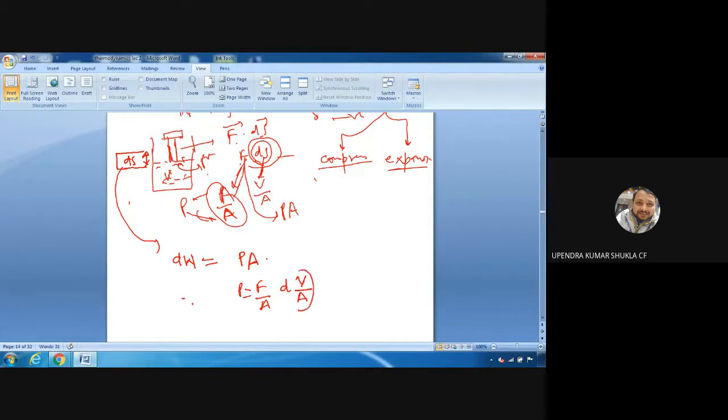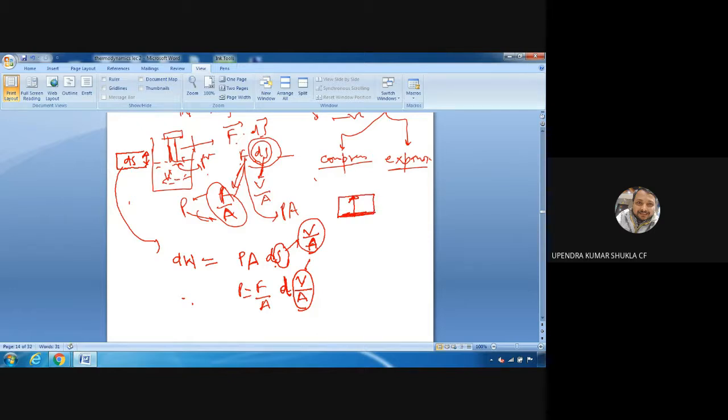In place of ds, what did we write? dV by A, and for change we wrote d. Understood? In place of ds, we can write volume by area. So the displacement comes out because some cross-sectional area is moving in this direction. Okay, so it will intercept this type of volume.